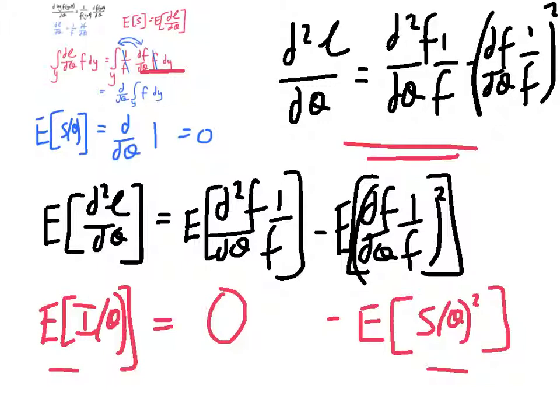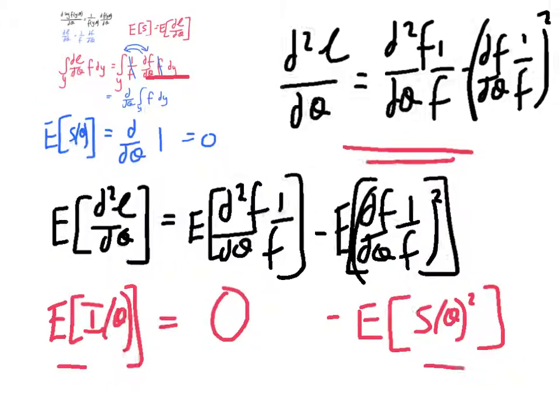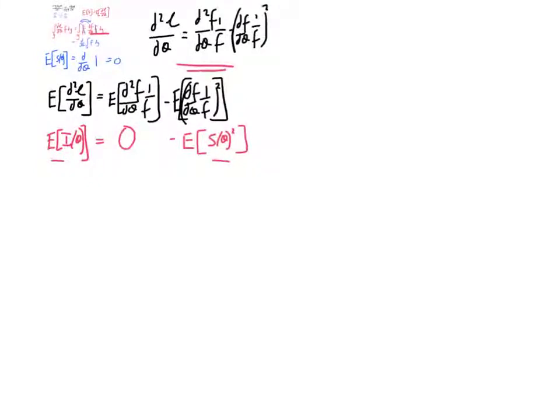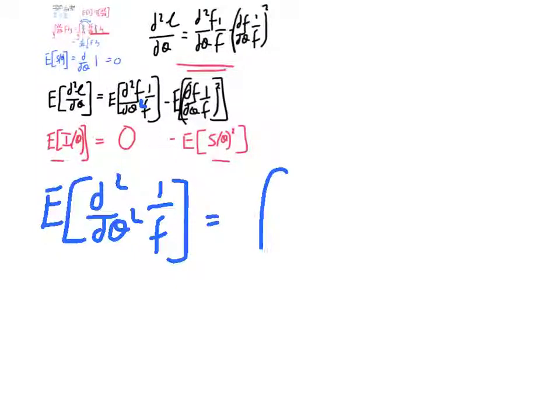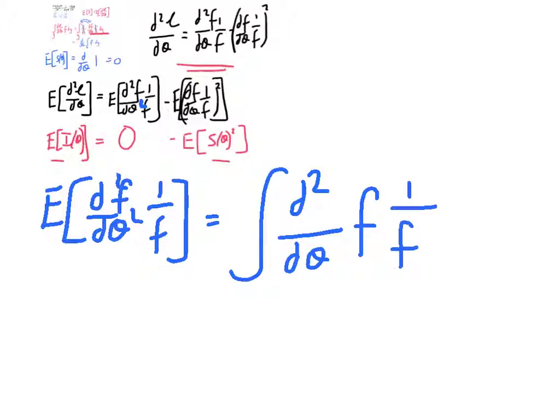So let's look at that term. We're interested in the expectation of the second differential, I should have had a 2 in there, of f times 1 over f, and of course this is the integral of the second differential of the density function multiplied by 1 over f, and since we're taking an expectation, we need to multiply that by the PDF and integrate with respect to dy.